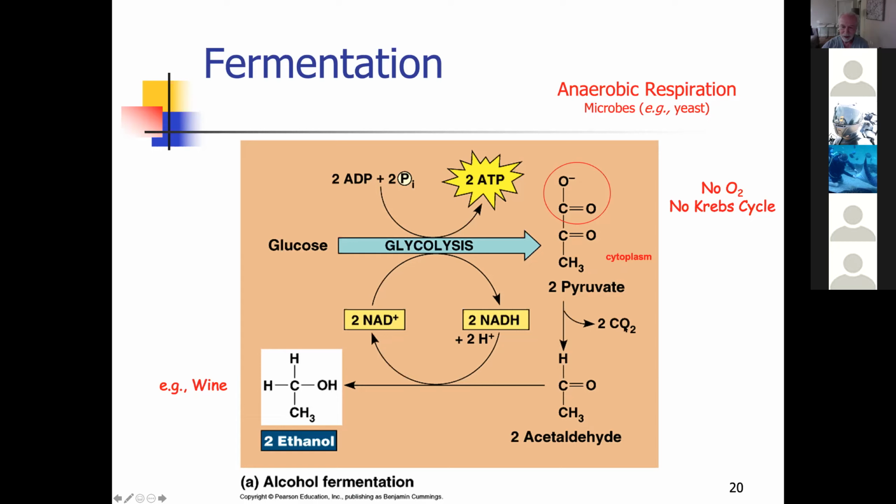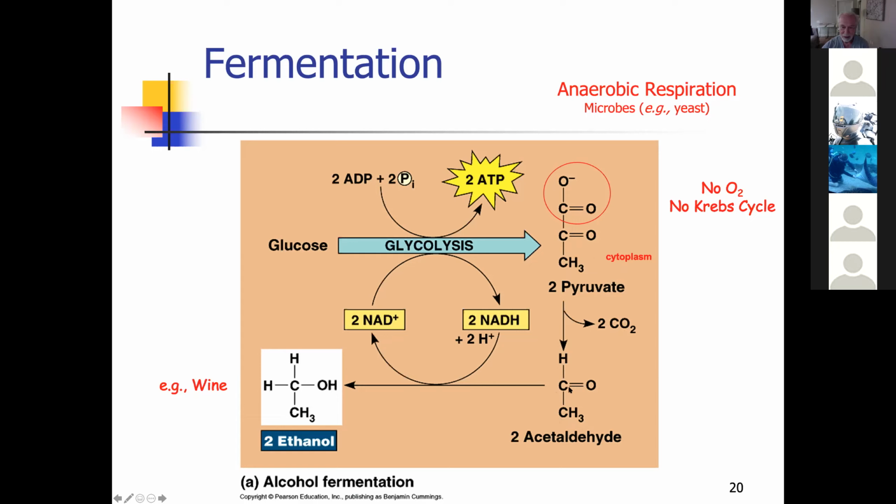Pyruvate loses 2 molecules of carbon dioxide. So you lose this carboxyl group so that you go from a 3 carbon molecule to 2 carbons, which are called acetaldehyde.